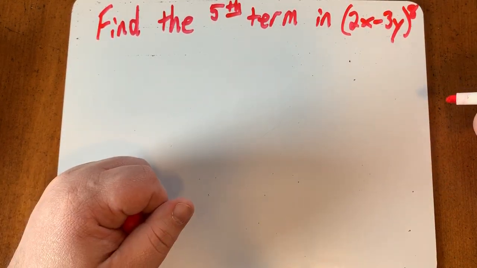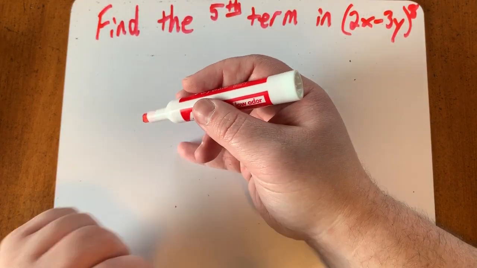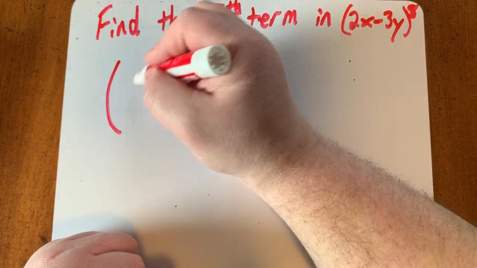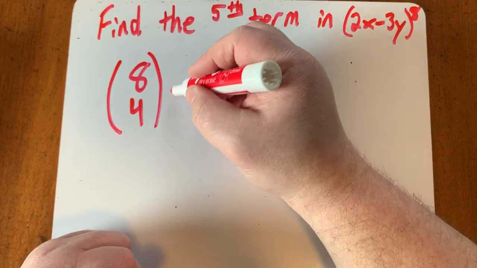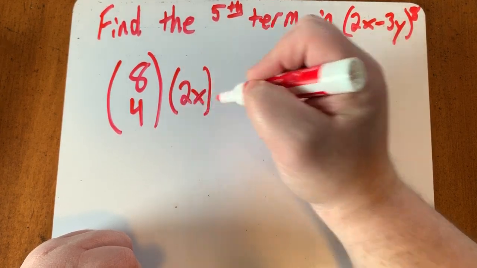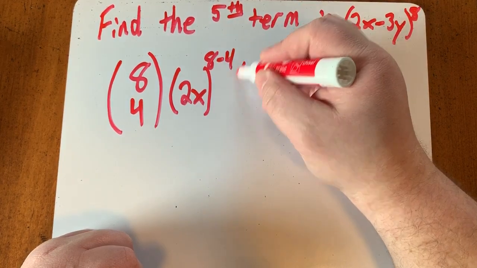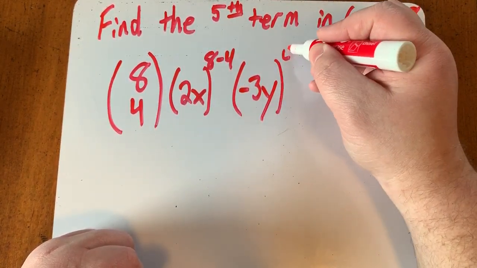Well, the 5th term in that, well, the first term is 8, choose 0. So the 5th term would really be 8, choose 4. 2x to the 8 minus 4 times the negative 3y to the 4.